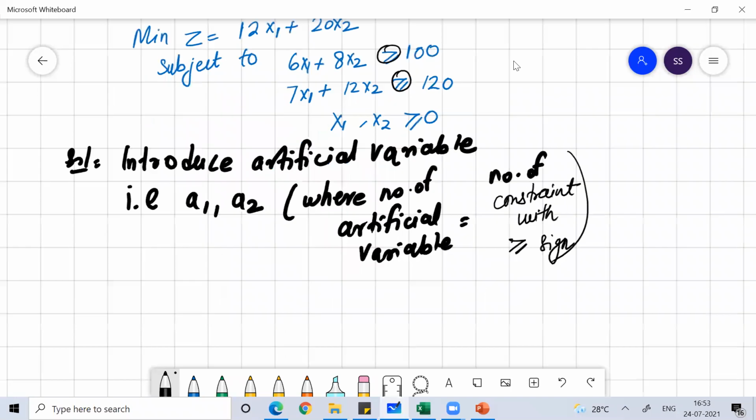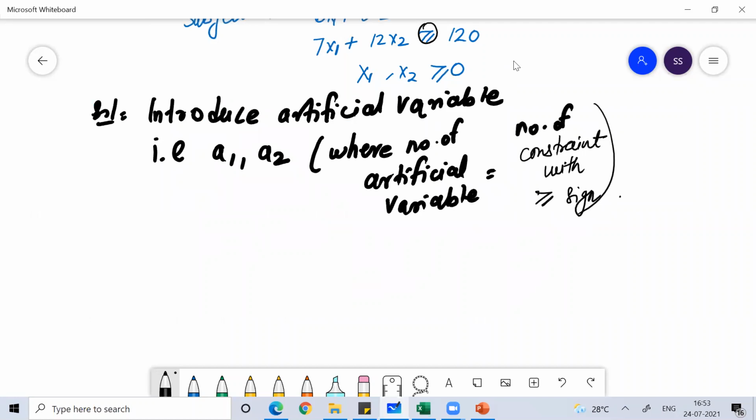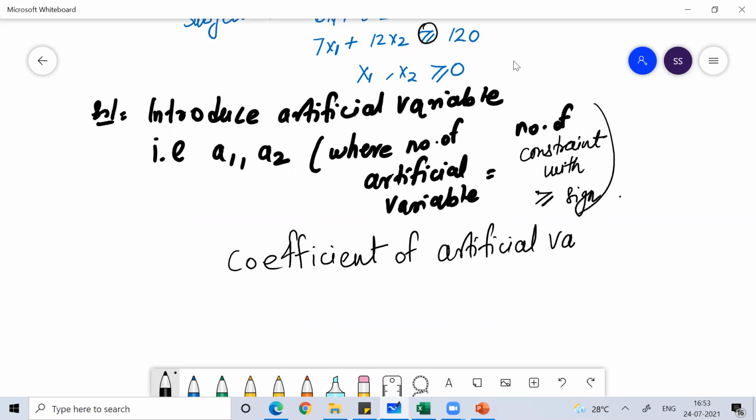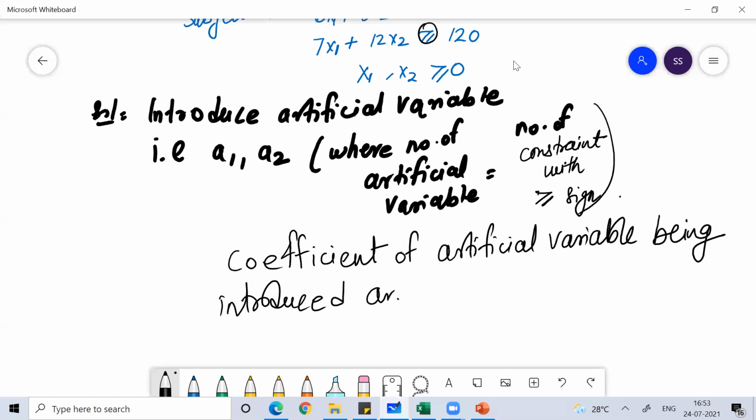The coefficient of the artificial variables introduced in the problem is minus M. What is minus M?